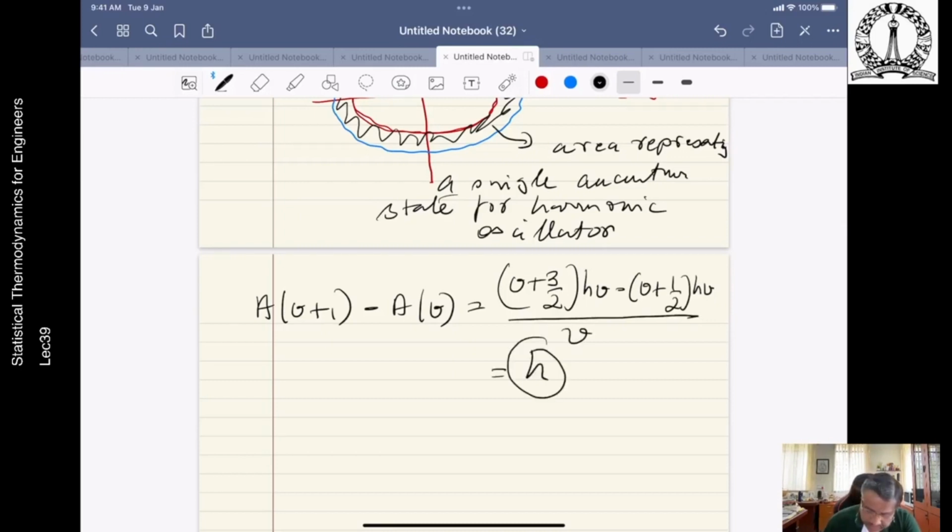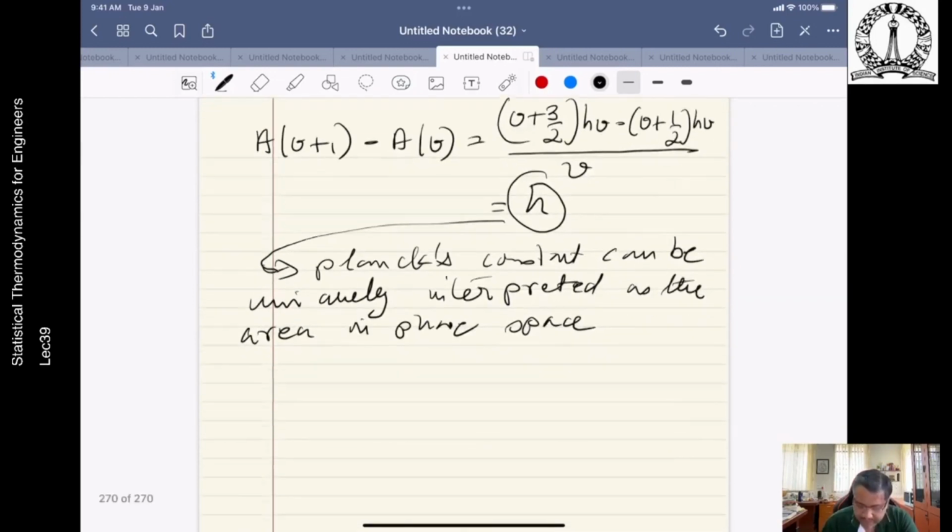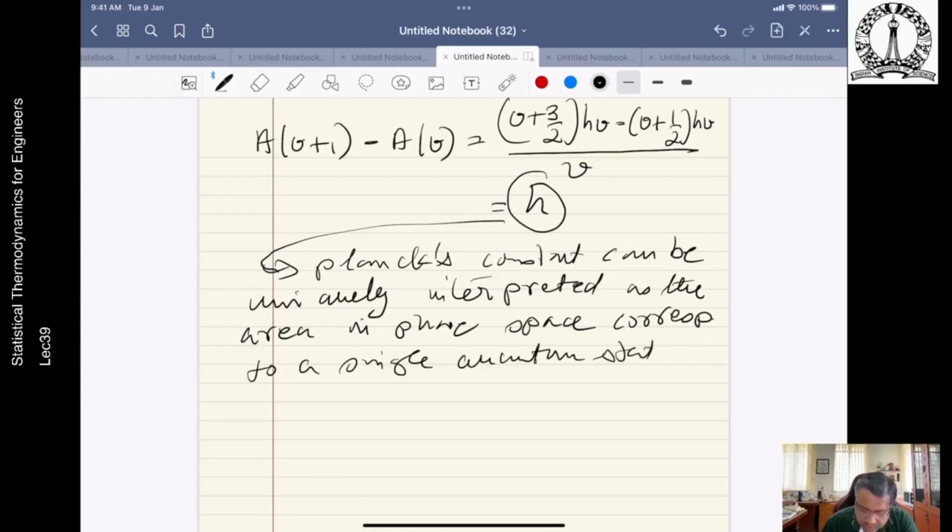So we find that the Planck's constant can be uniquely interpreted as the area in phase space corresponding to a single quantum state.